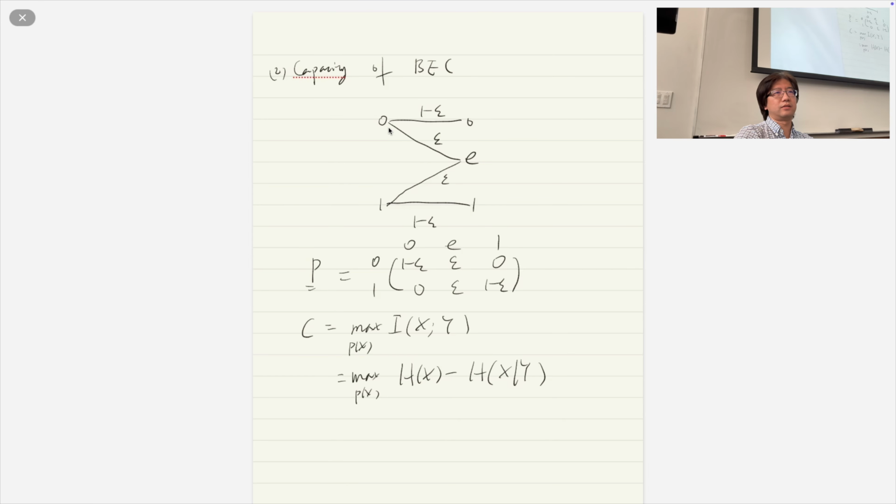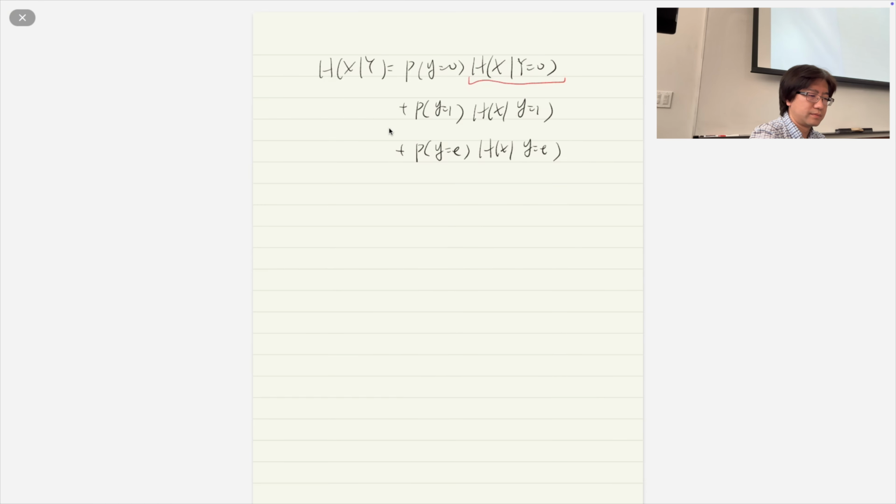Yes, x is 0, so there's no uncertainty and the entropy is 0. Similarly, when y is 1, the entropy is still 0. So we only have one term left. Let's see how to compute it. The probability that y equals e means we're making a mistake, so this is the probability of error.